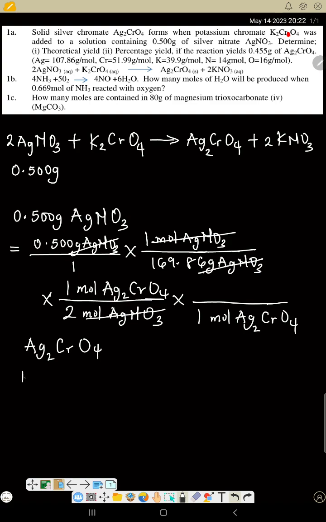Silver is given as 107.86 times 2, plus chromium is given as 51.99, plus oxygen is 16, so times 4.